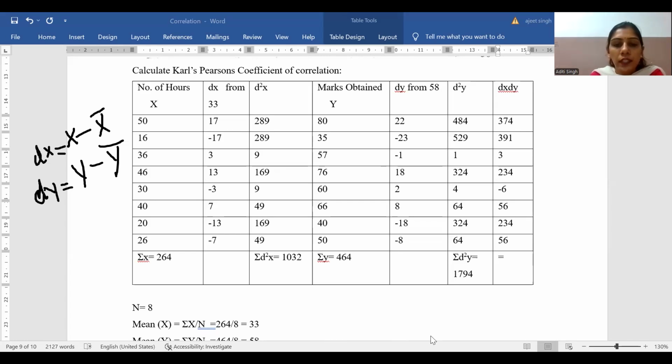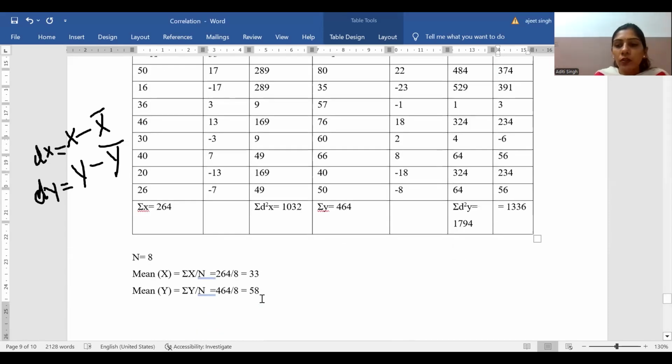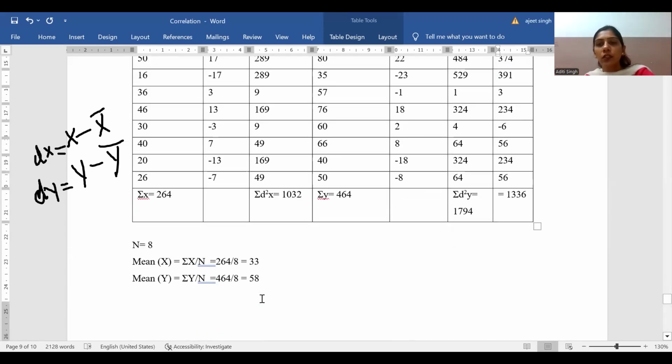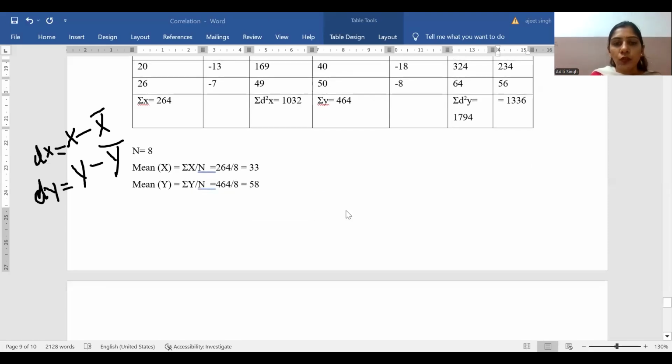It's 1336. Okay, so this is how we calculate. Now let's put all the values in the formula of the coefficient of correlation.